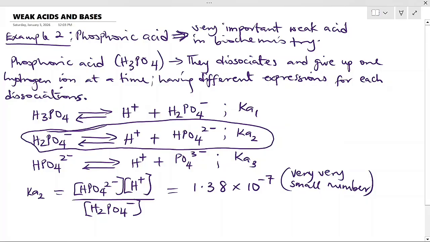So in the next page, we want to look at how this all works out.